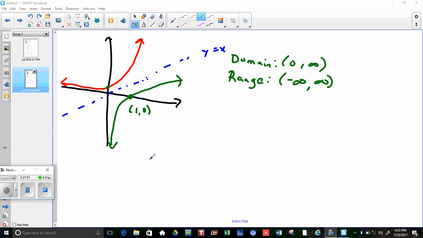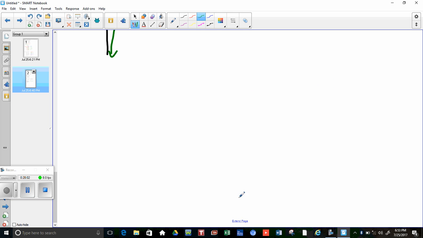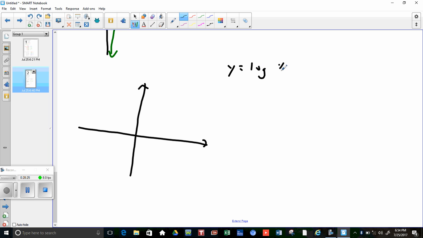All right, and while we're not going to go into extreme detail with these graphs, I would like to go through one graph specifically where you can actually just go ahead and graph the whole function. All right, so let's say that we are given y equals the log of x base 2.